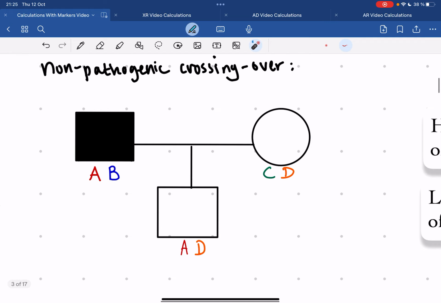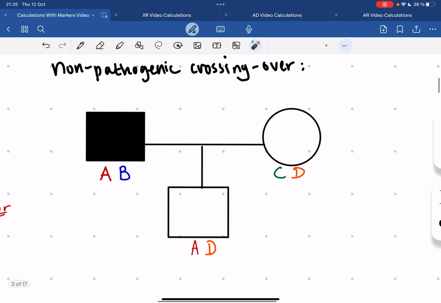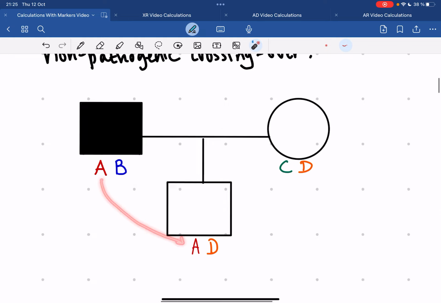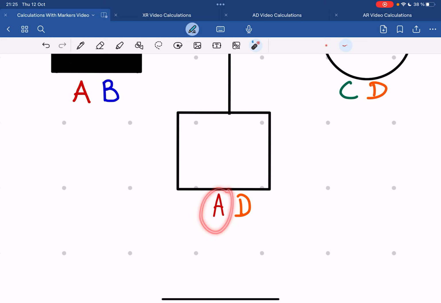Why? Because the chance for crossing over to occur is still low. It's always low. However, in our case, this marker, which stands for the non-pathogenic allele, has been given to this person as well, meaning that oftentimes we would assume him to be affected or a carrier.